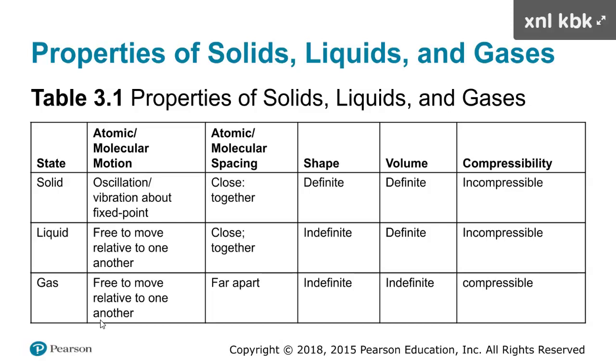That's why they don't have a defined volume. In a liquid, we have freedom of motion, but the spacing is very packed close. So as a result, defined volume because of that close packing, but not a defined shape because of that freedom of motion.